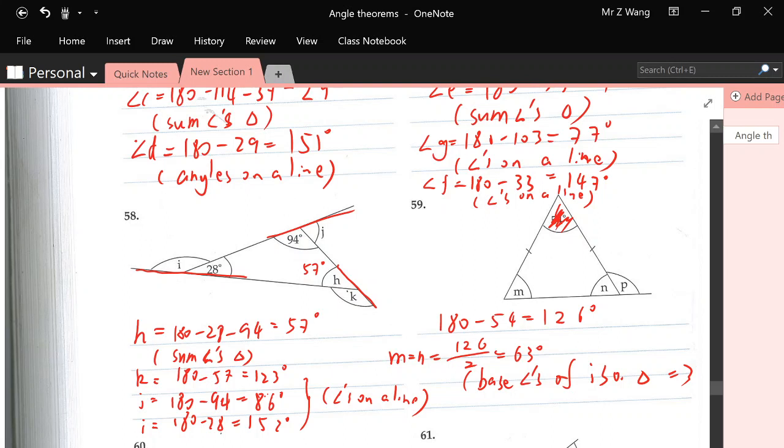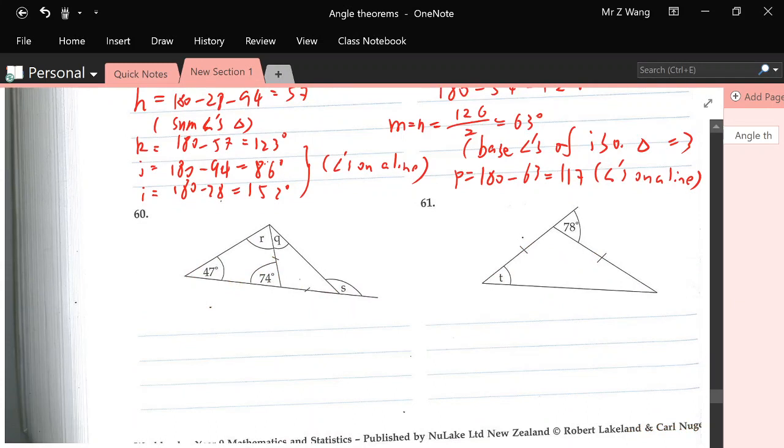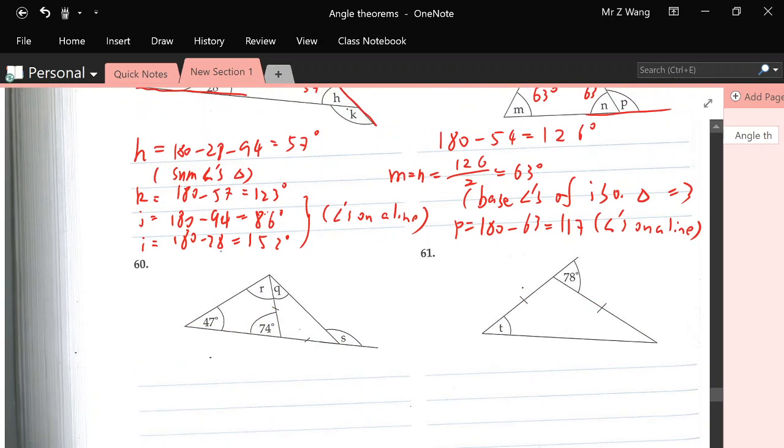And after we figure out these are 63, and you can verify they add up to 180, then P can be easily figured out using this straight line. 180 minus 63 is 117, angles on a line. Now these are just adding more of these things, right? These are definitely merit questions, high merit questions.